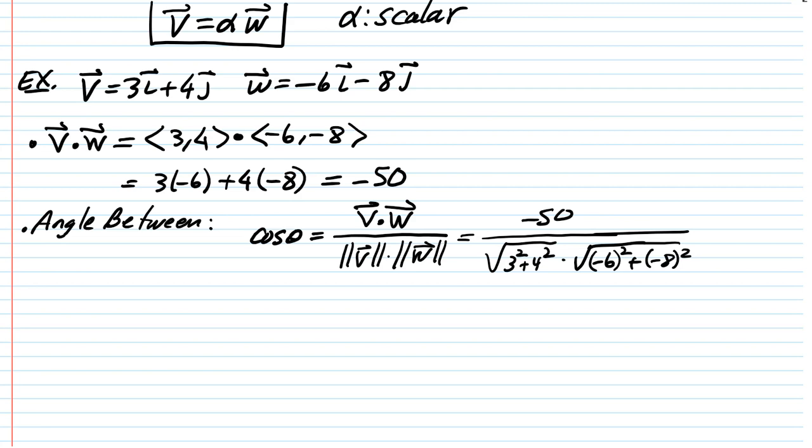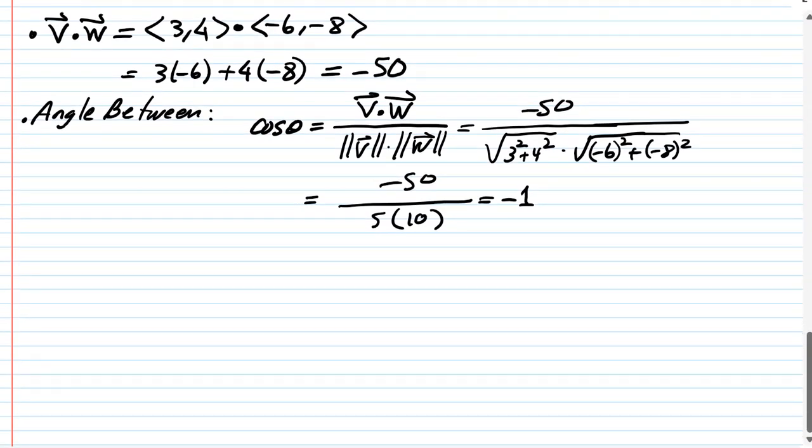And this is going to be negative 50 divided by the square root of 25, that's 5, next to the square root of 36 and 64, which make 100. Square root of that, 10. And cosine theta is negative 1, right? So theta is arc cosine of negative 1.